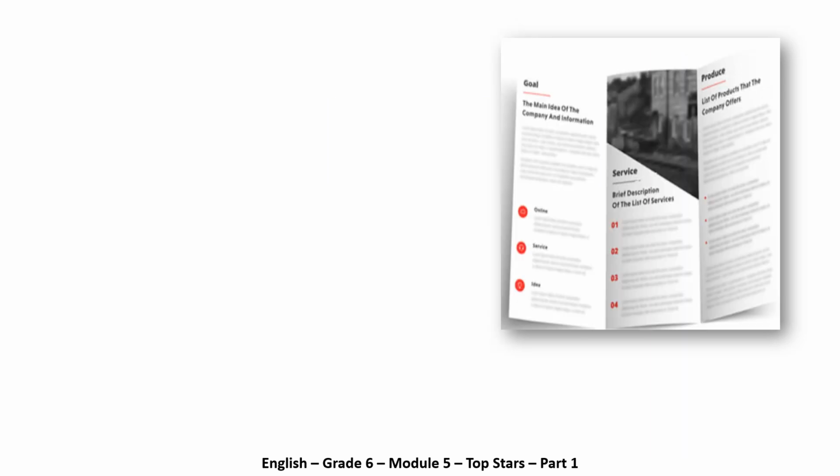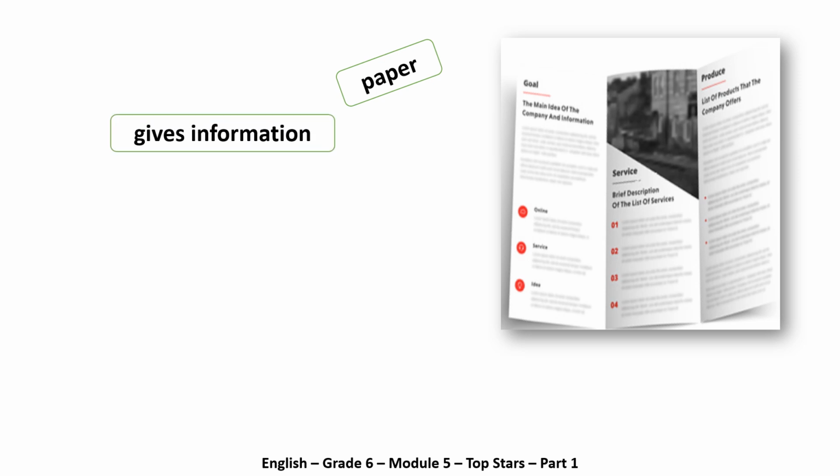Look at this. What's that? Thank you. It's a piece of paper. But what kind of paper is this? Why is this sheet of paper written? This sheet of paper is written to give us information or advertises something.